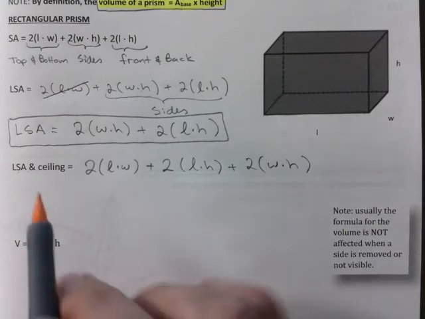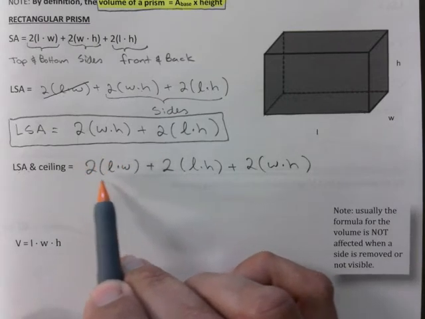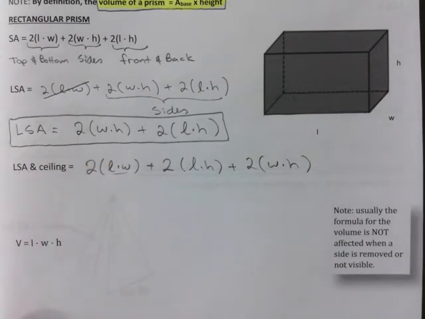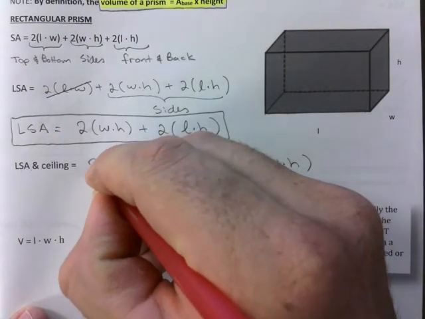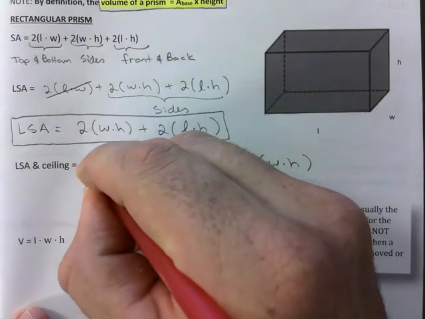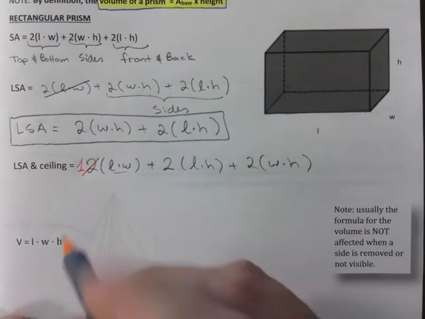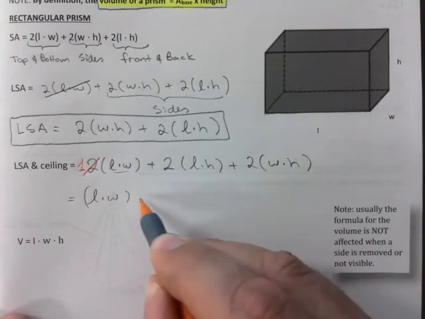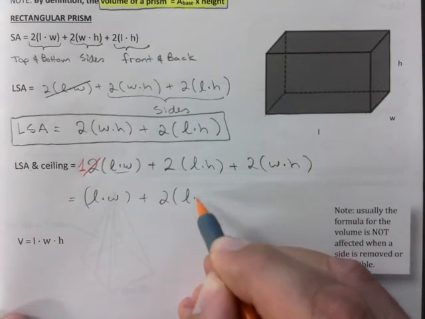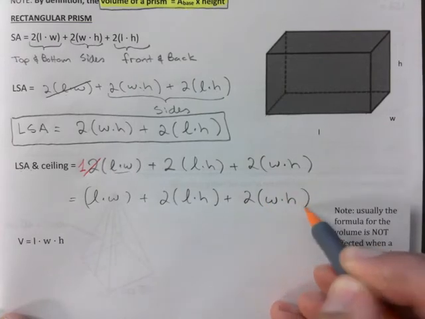If you want the ceiling, that means you want at least one expression of length times width. So I'm going to use my red pen, cross this out and just go 1. So it turns out to be length times width, plus 2 times length times height, plus 2 times width times height.